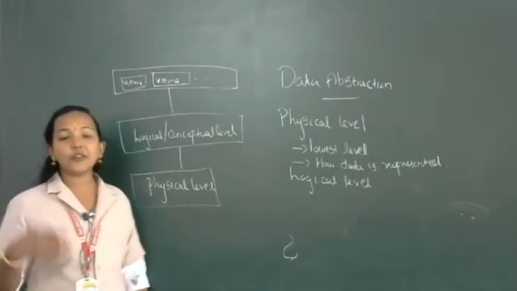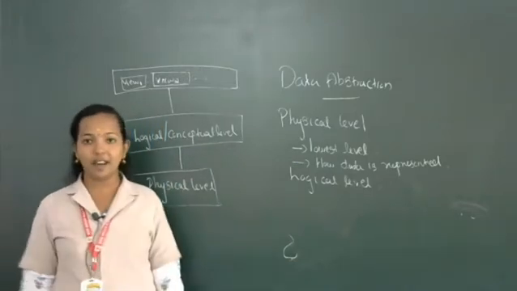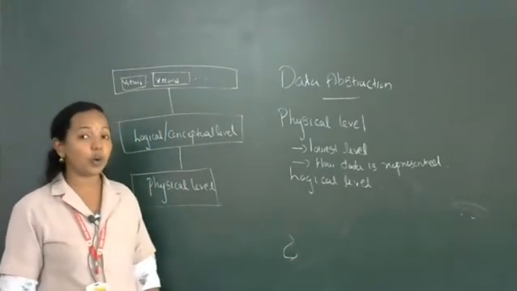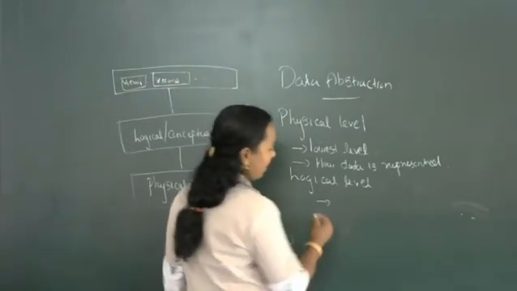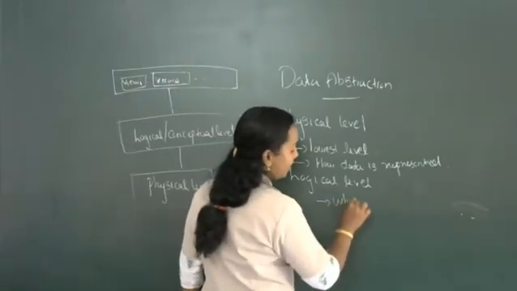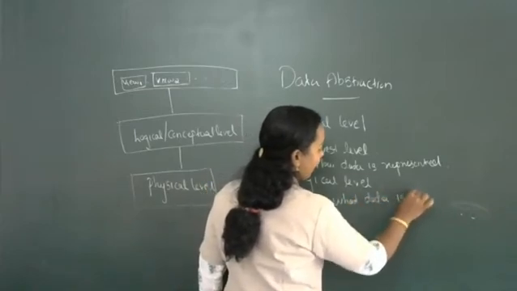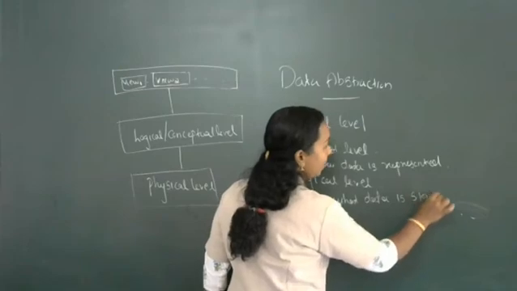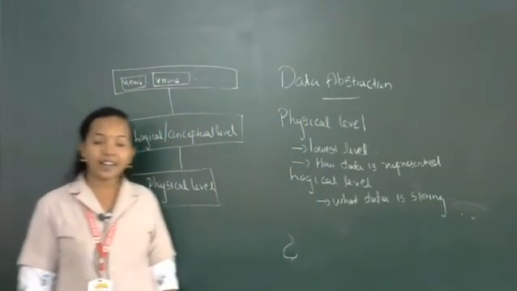The language that we are using for interacting with the DBMS is represented in logical level. That's why it got a name called conceptual level. In conceptual level, what data is stored in DBMS is described in logical level. What data means?